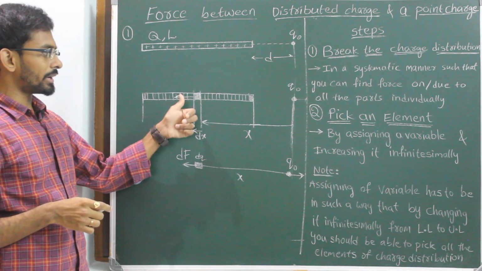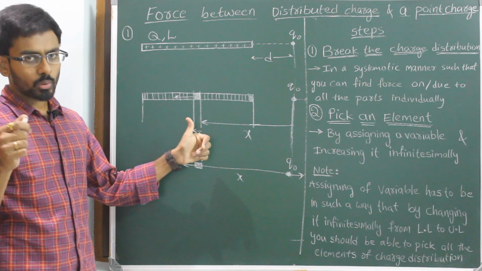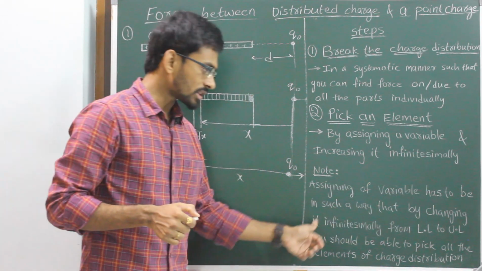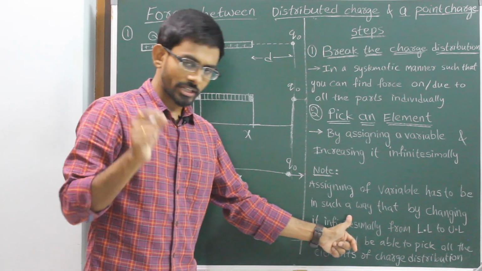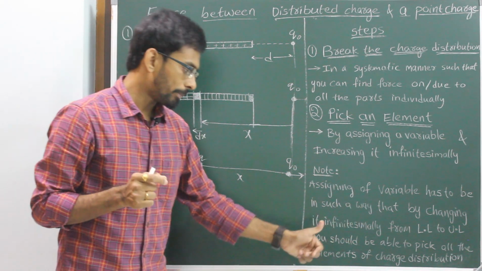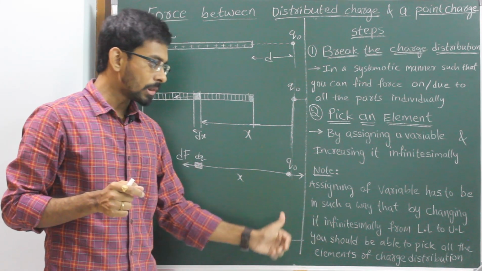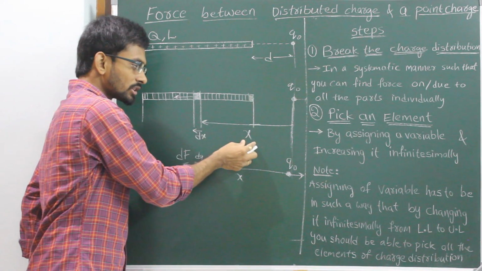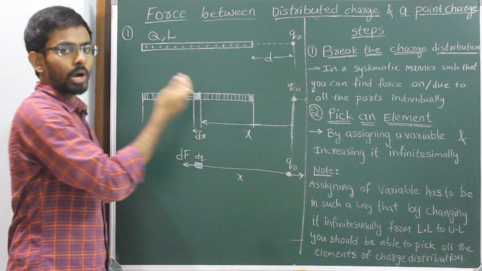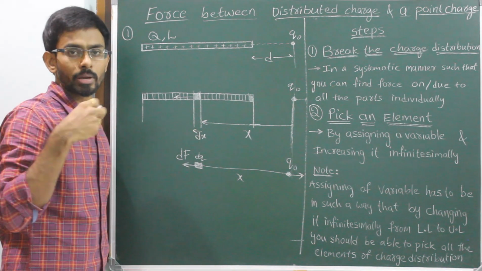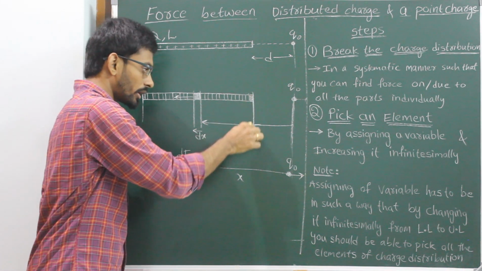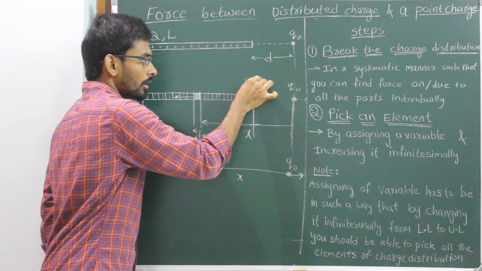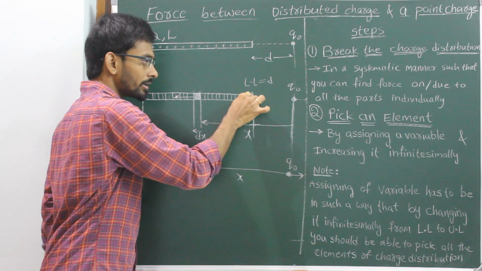Once you have picked this element, while picking the element, you have to be careful. You have to take care that assigning of variable has to be in such a way that by changing it infinitesimally from lower limit to upper limit, you should be able to pick all the elements of the charge distribution. Now let us say for this rod, if I keep this x value as d, that is the lower limit, I'll get this element, right?